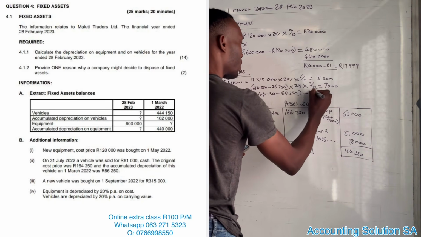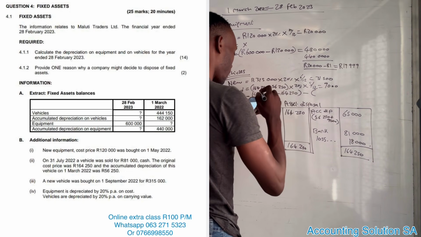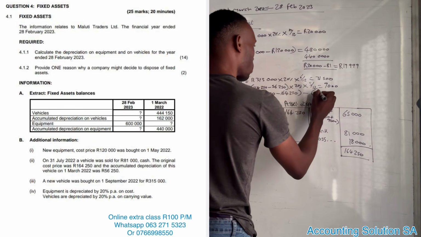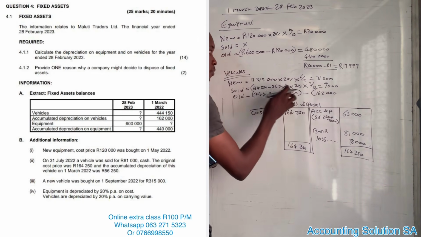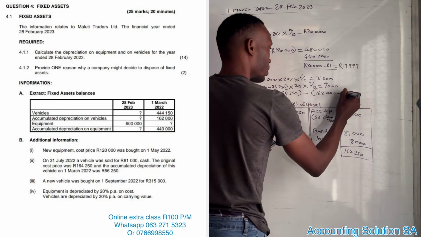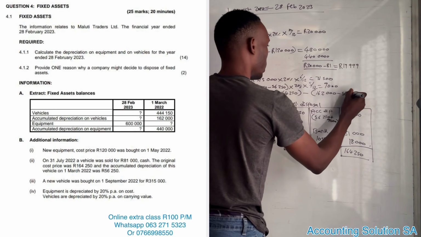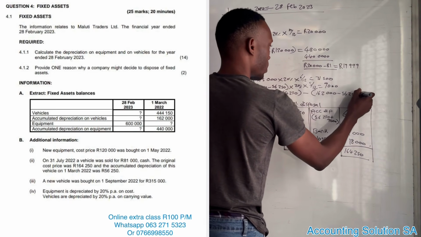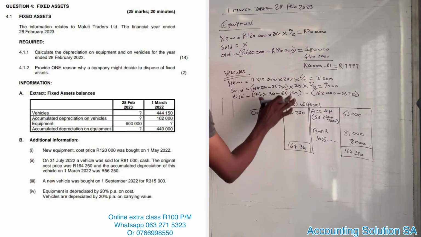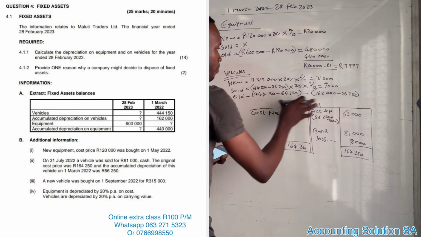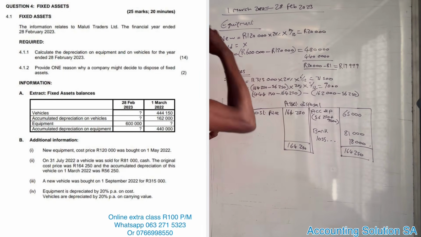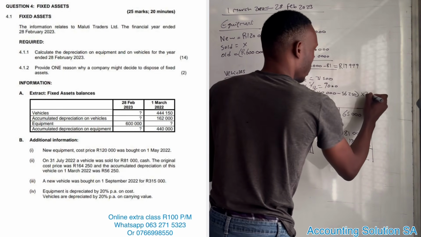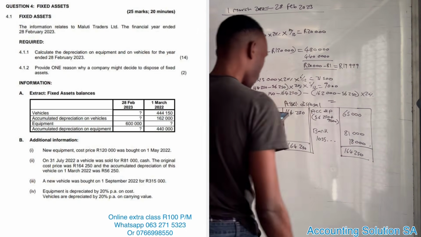Accumulated depreciation at the beginning was 162,000, but we must also remove the accumulated depreciation of the sold one, because it was already recorded, as this is the opening balance. You get an answer here and an answer here, you subtract them, and then you multiply by 20%. Then it will give you the answer.